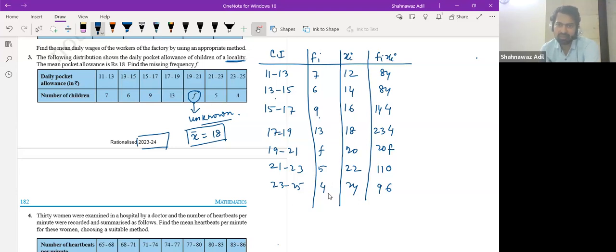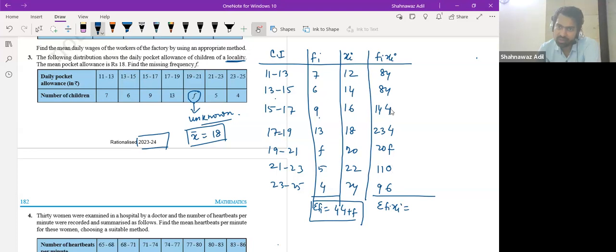So now we have to find the summation of fi, which would be 44 plus f, right? And what is the summation of fi xi? This is a big number.